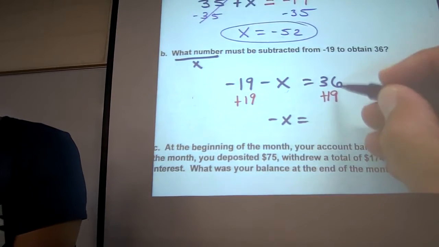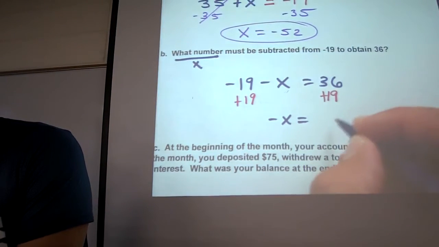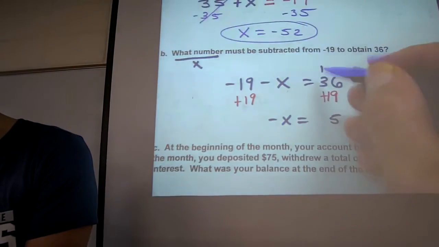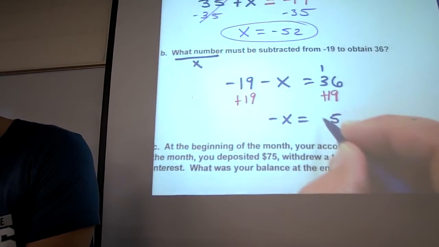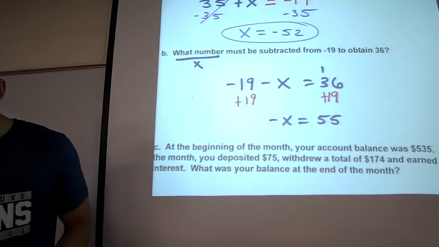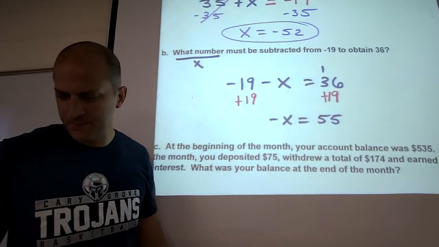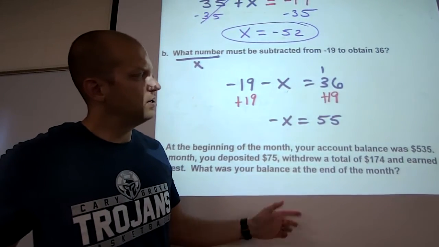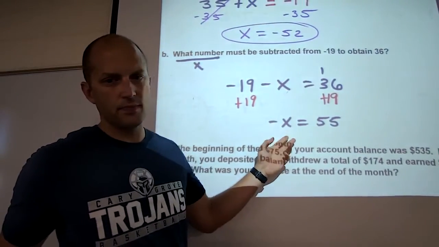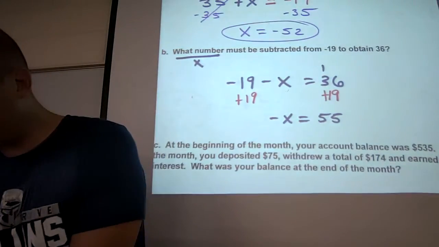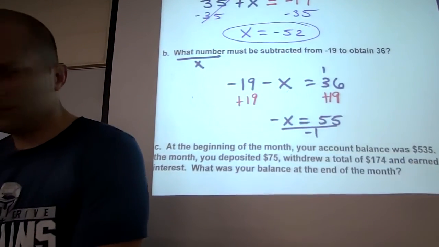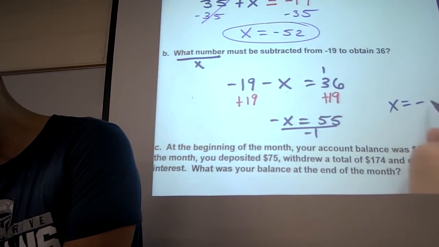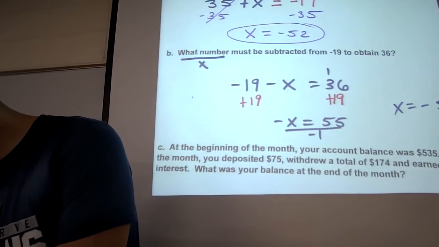If you're doing it by hand, 6 plus 9 is 15, so write the 5 and carry the 1, and then 3 plus 1 plus 1. So I got 55 is equal to negative x. We don't want that. We want x. So all we have to do is divide by negative 1 or switch the signs, and we should get x equals negative 55.